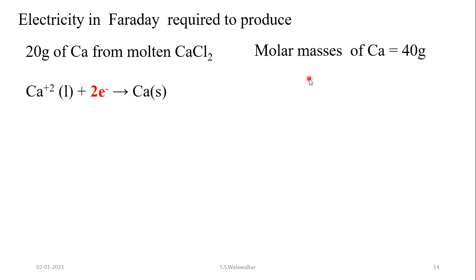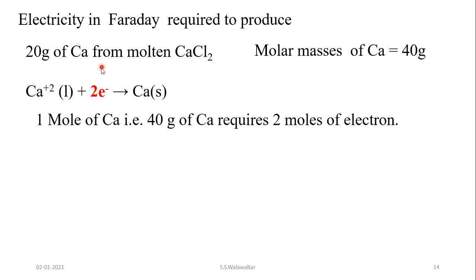So molar mass of calcium is 40 gram, and the half cell reaction is what? Calcium 2+ in the liquid form accepts 2 moles of electrons and deposits 1 mole of calcium in a solid state. Therefore the mole ratio for this is half.